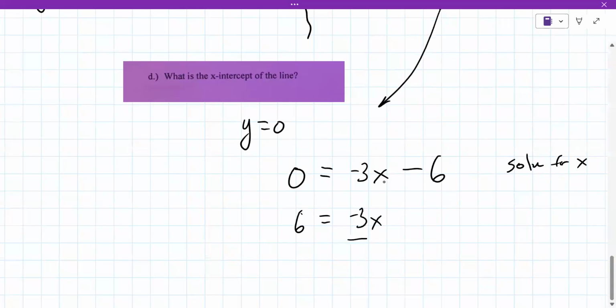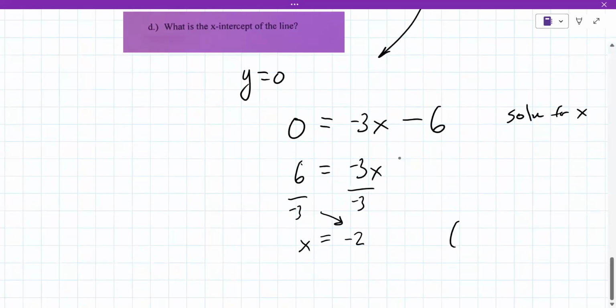Yes. X equals -2. And so that would be -2, comma 0. Got it.